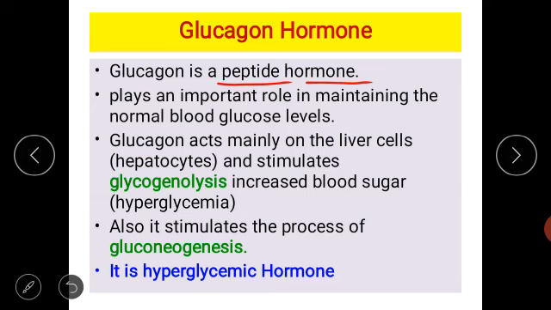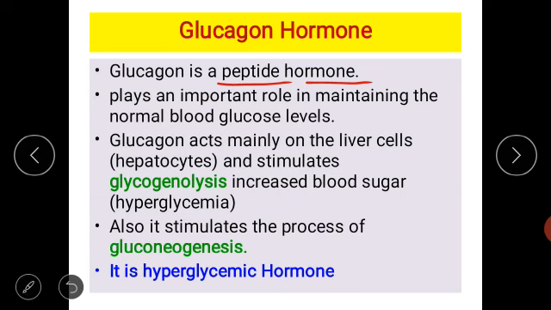So what is the meaning of peptide hormone? Peptide means it's a chain of amino acids, and that chain of amino acids forms a particular hormone. Hormone is proteinic in nature and it is produced from amino acids. So it is called a peptide hormone.